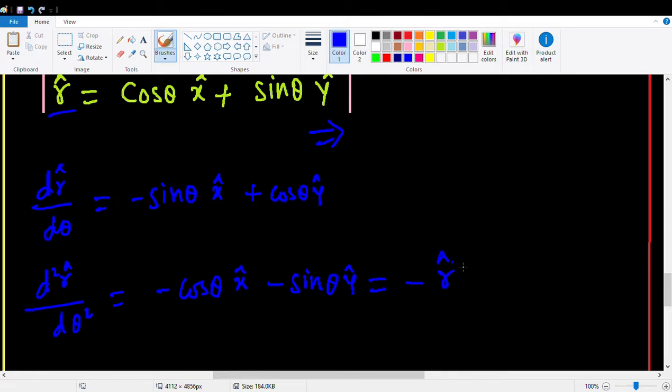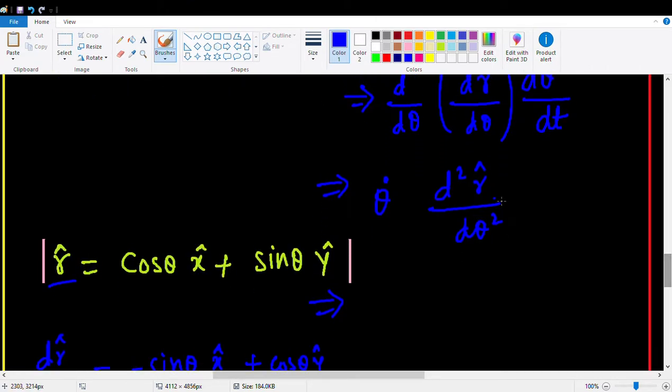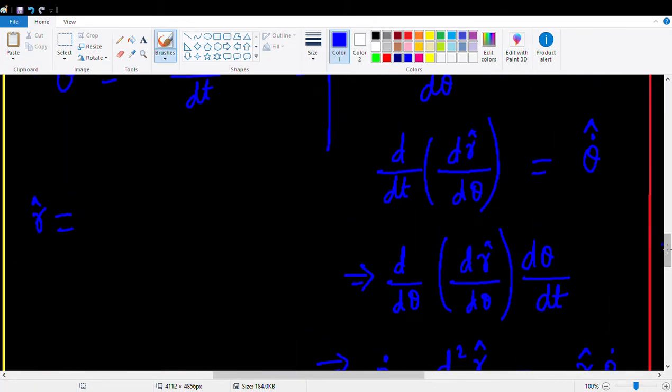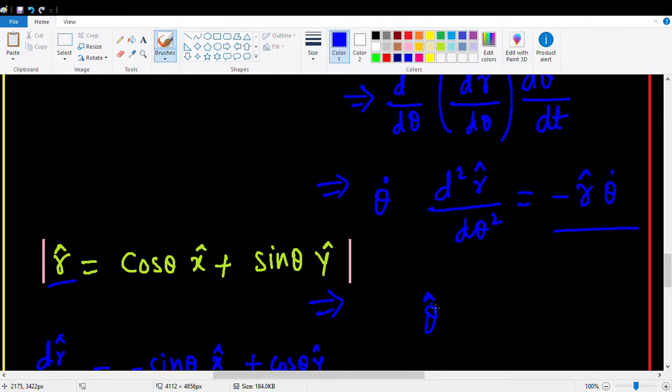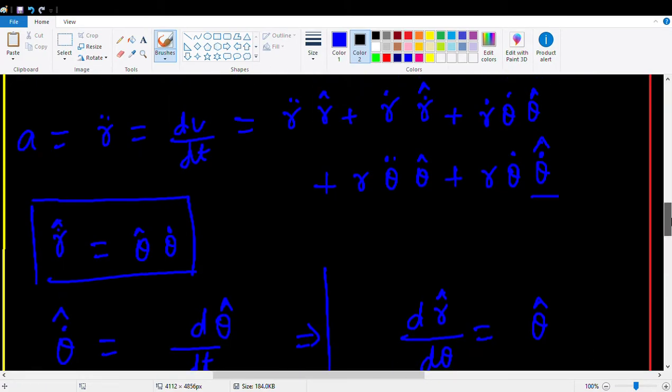So what I have derived here is that d theta hat by dt is nothing but minus r hat theta dot. Now I'm going to use this here.